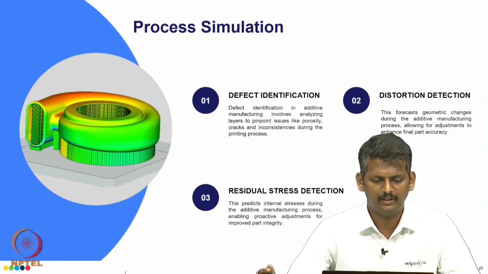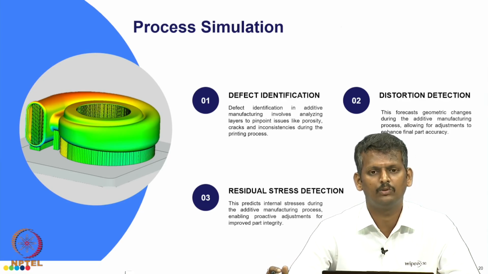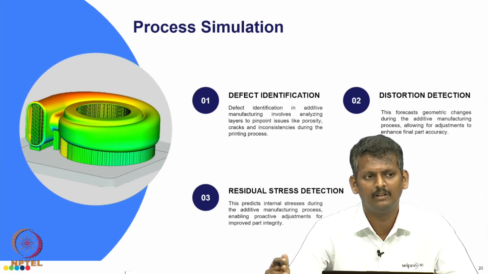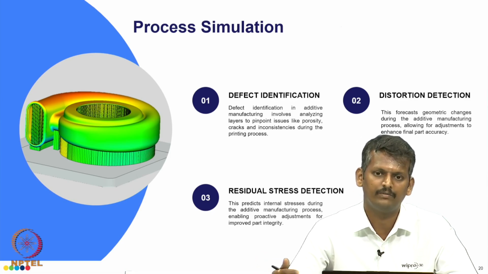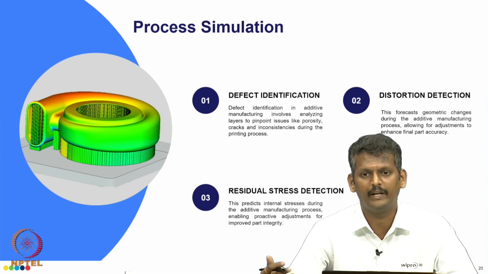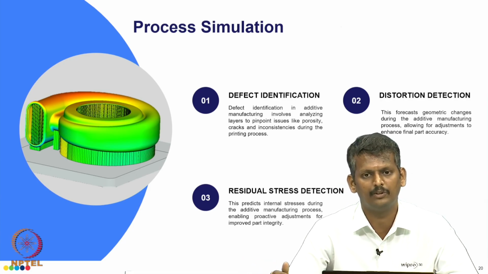As I have told you earlier, to set some context, these process simulation tools are mainly used in places where the building cost, that means the printing cost itself, is very huge and it is going to take too much time. In that kind of case only does process simulation come into the picture.